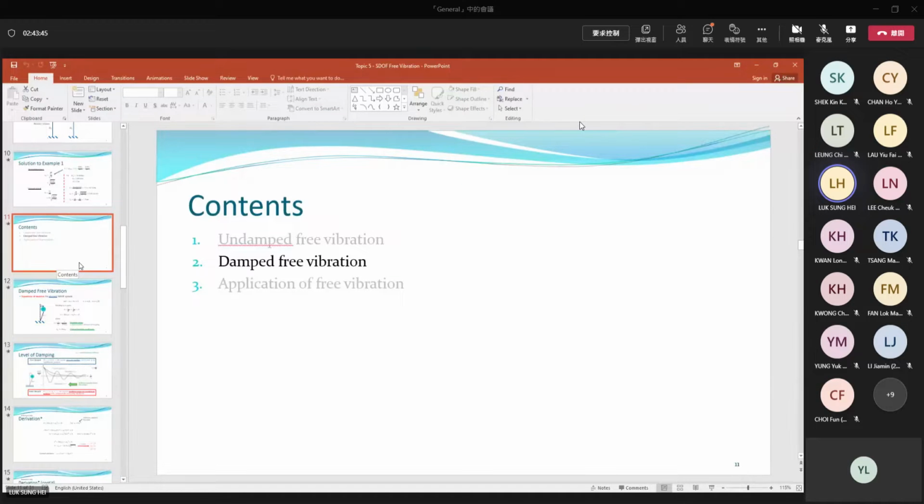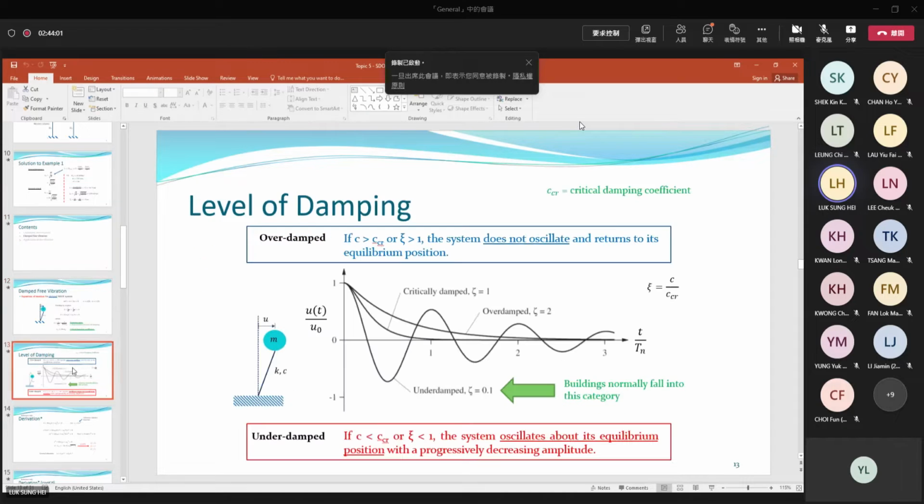Before the break, we mentioned two scenarios: a system under undamped free vibrations, and then a system with damping under free vibrations. I just discussed a little bit about the phenomenon for a system with damping. I showed you graphically the vibration modes: critically damped, overdamped, underdamped.